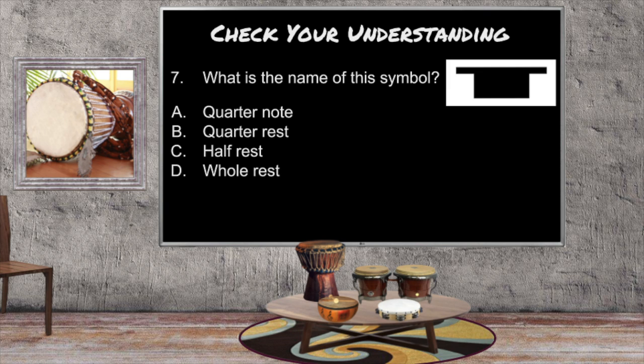A, quarter note, B, quarter rest, C, half rest, D, whole rest. And number 8. What is the name of this symbol? A, quarter note, B, quarter rest, C, half rest, D, whole rest.